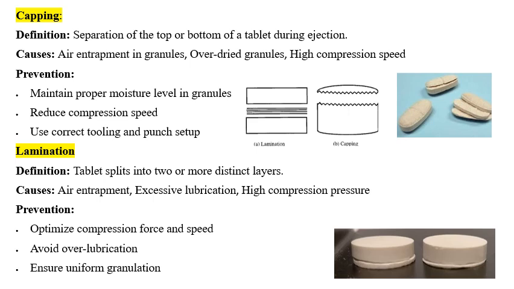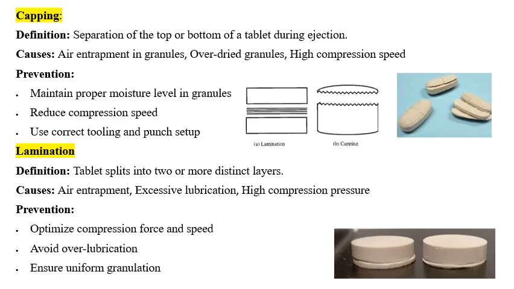Air entrapment is also a reason. If air entrapment is there, then the blend will not get compressed and it will result into capping. High compression speed will reduce your dwell time, and that's why capping may result in some of the formulations.